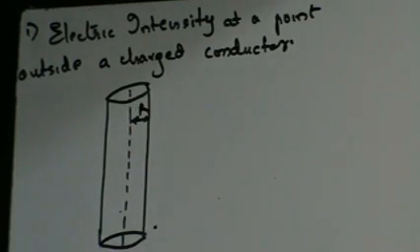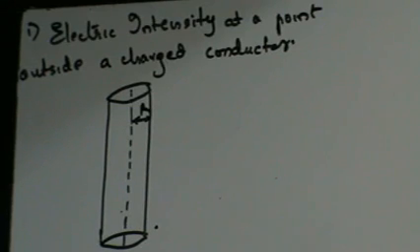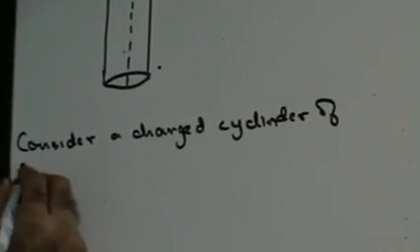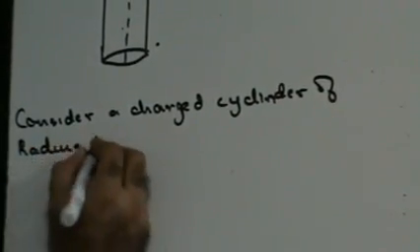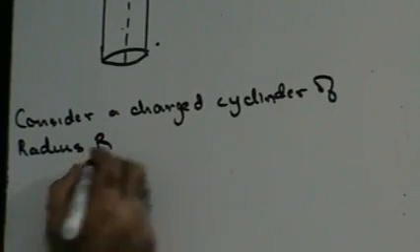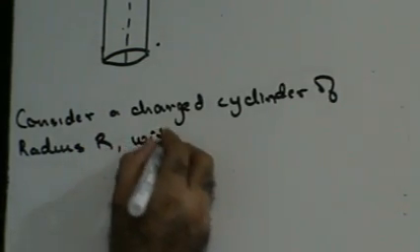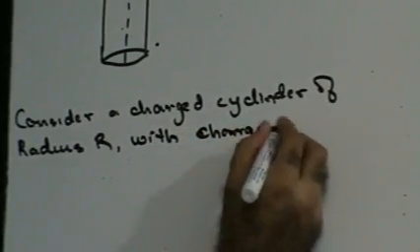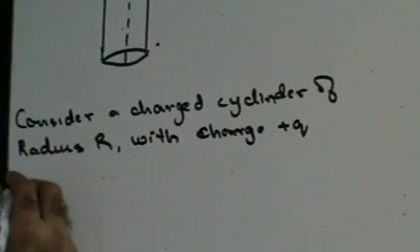Now, let's consider a charged cylinder of radius R, with a charge of plus q per unit length.